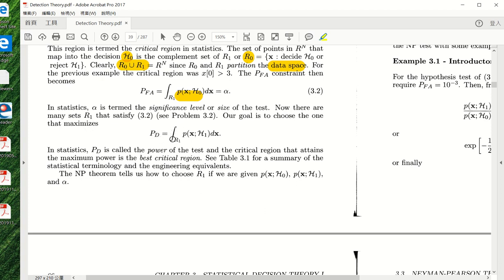You do the integration over R1 of the probability density function of X under H1, with respect to X. Then PD is called the power of the test, and it's a critical region that attains the maximum power, the best critical region.